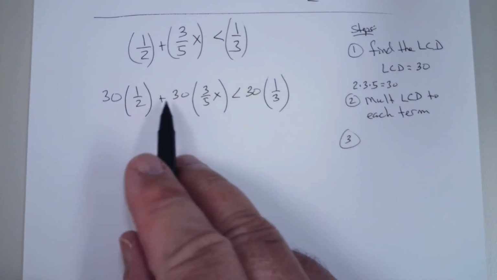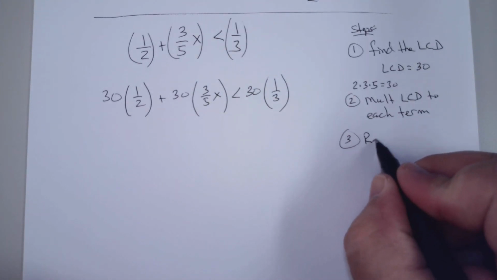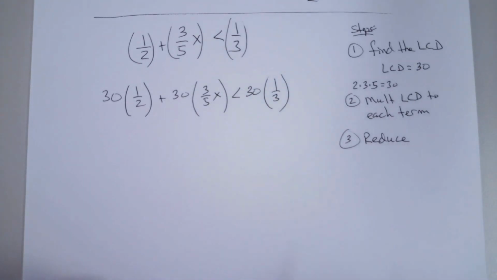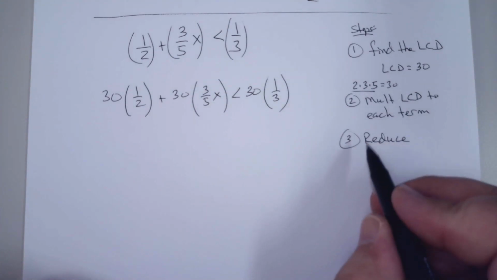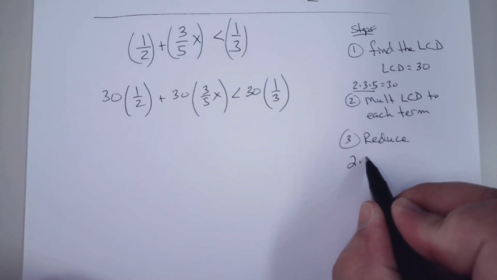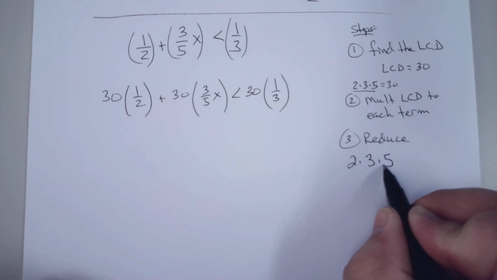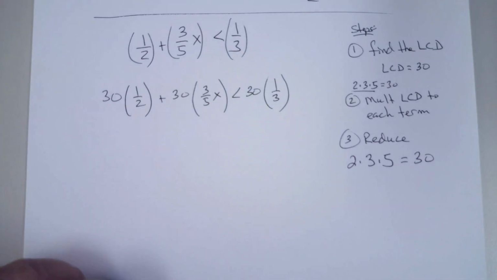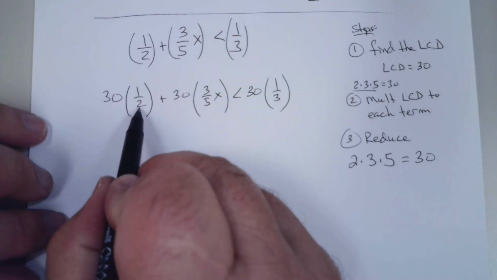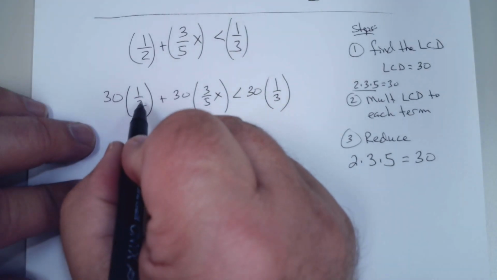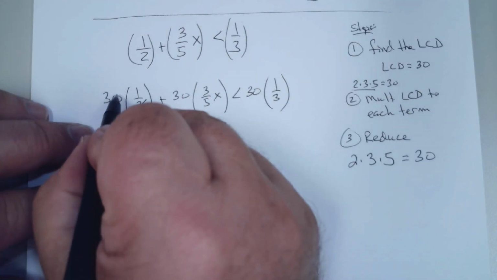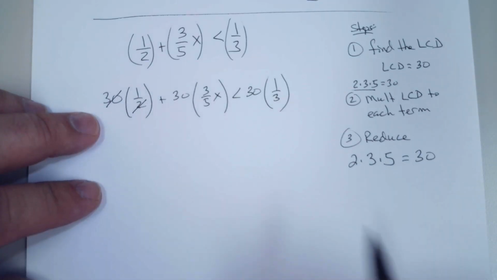Whenever you have fractions in multiplication, always reduce before you multiply. Also, keep in mind where our LCD came from. 2 times 3 times 5 became 30. This is important for the next step. Now, the fractions cancel with the LCD. So if you cancel the 2, how many times 2 go into 30?